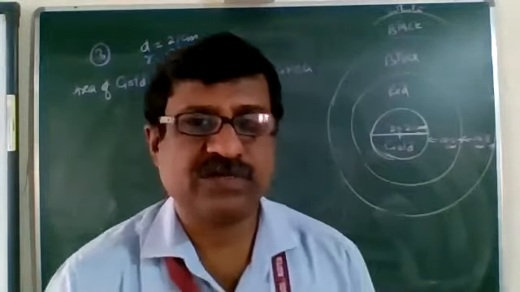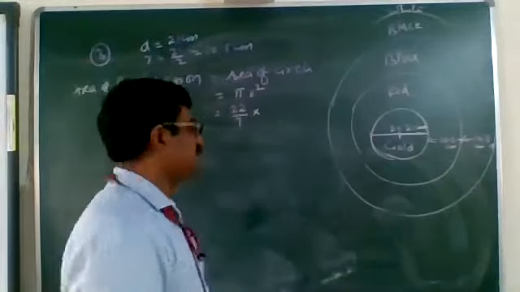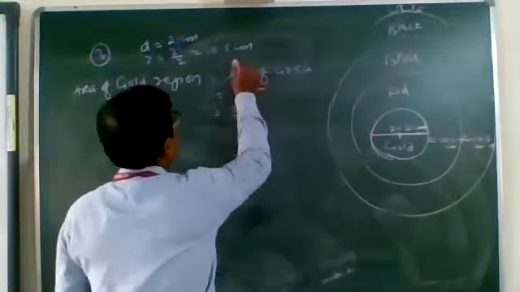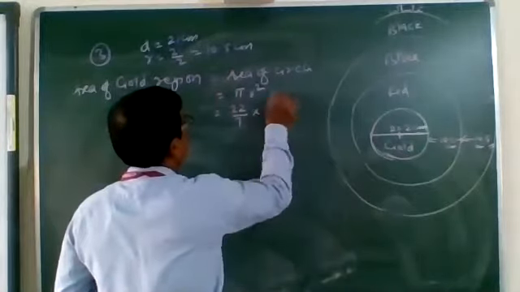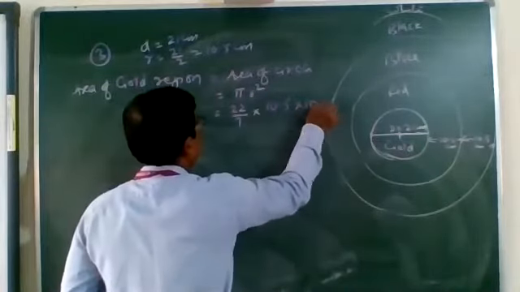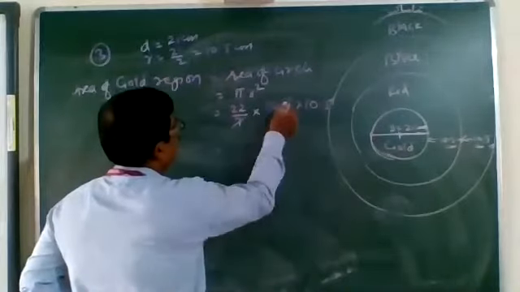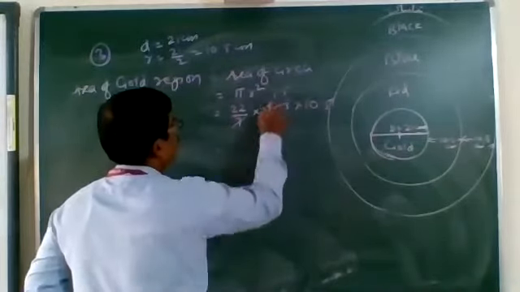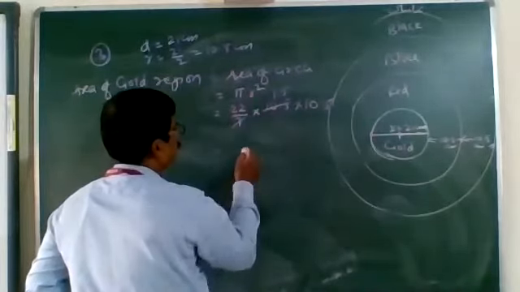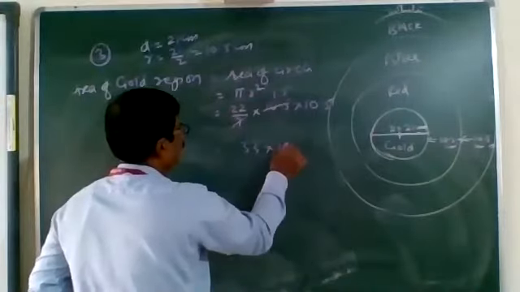Therefore, try to use the same value which is given. The radius is, just now we have calculated, 10.5, and square means multiplication of 10.5 two times. This is 7 ones are 7, 1.5 into 22, 33 into 10.5.